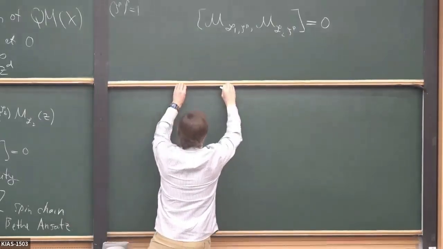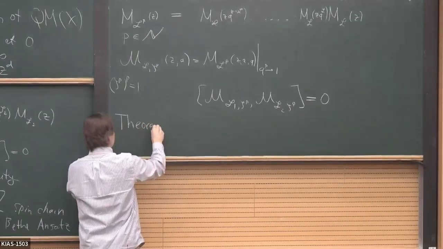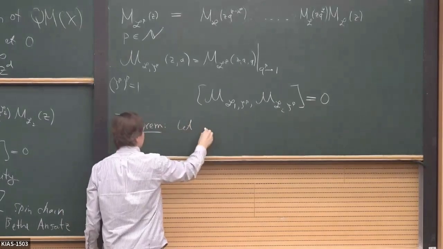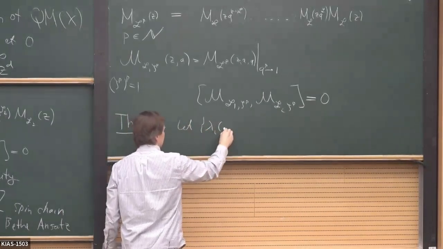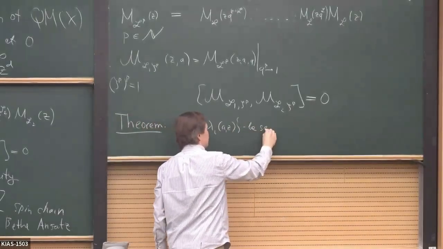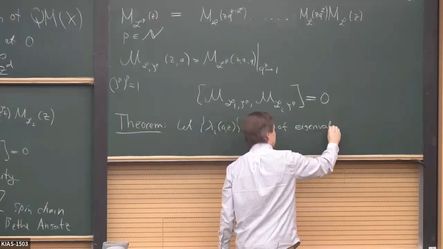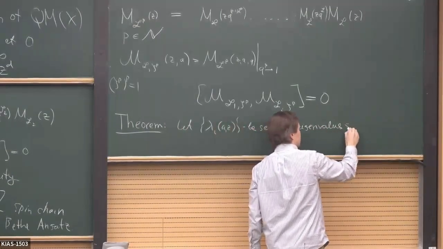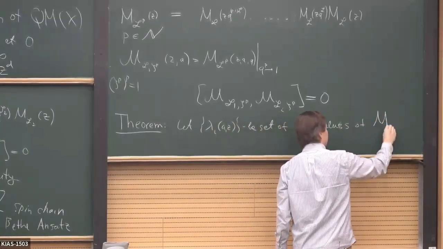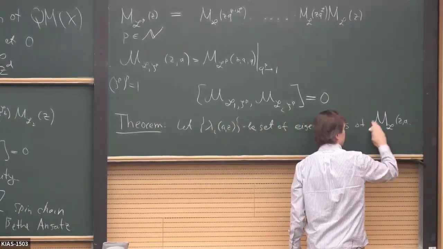Or maybe I can fit it here. So let lambda i be the set of eigenvalues of M, L, Z, A, curly.